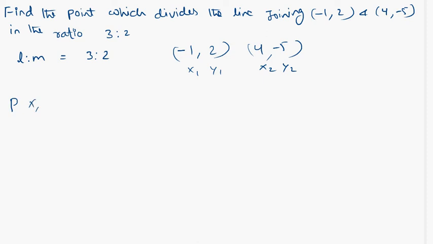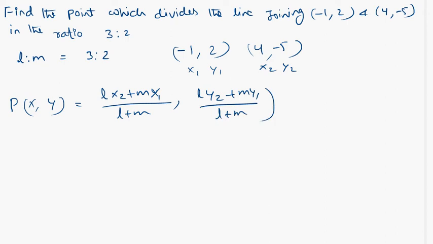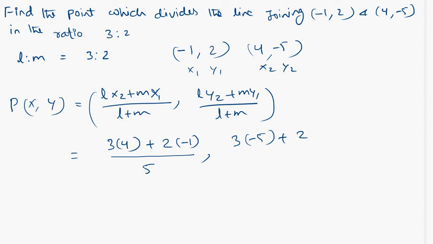Now using the formula, P x comma y, Lx2 plus Mx1 divided by L plus M, and Ly2 plus My1 divided by L plus M. Let us use this formula and find the coordinates of the point P. L is 3, x2 is 4, plus M is 2, x1 is -1, divided by L plus M is 5, and L y2 is 3 times -5, plus M y1 is 2, divided by L plus M is 5.